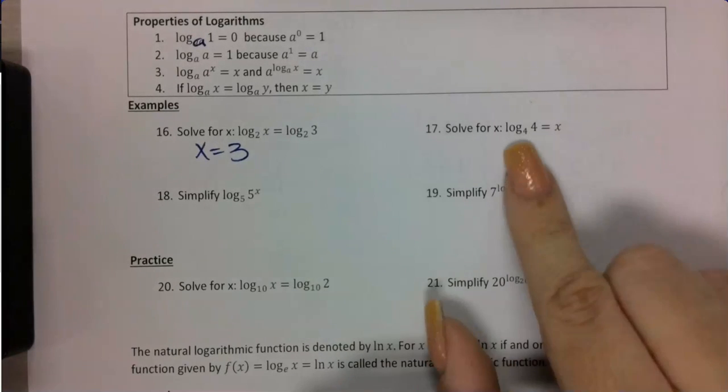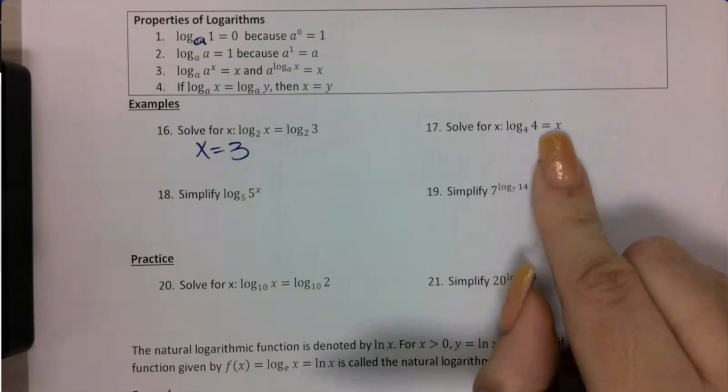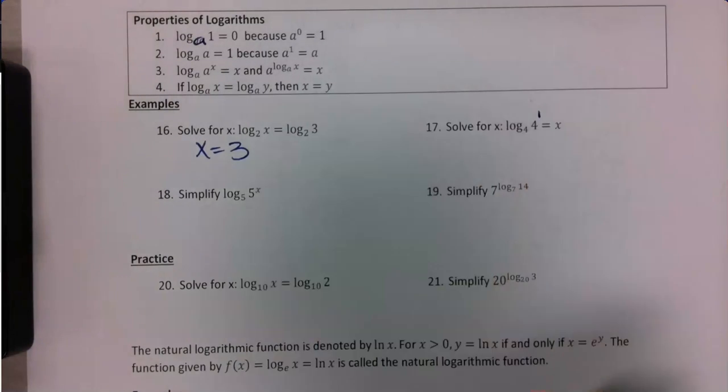Okay. So on number 17, I have log base 4 of 4. So my exponent on this 4 is really a 1.